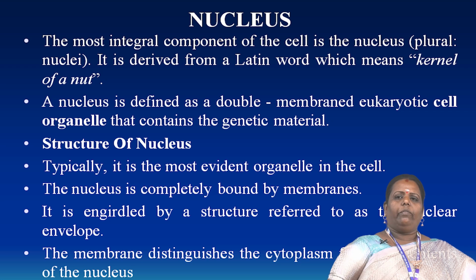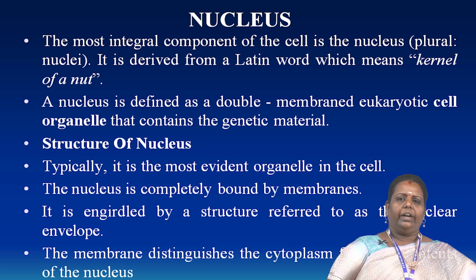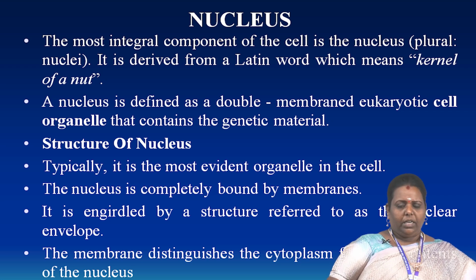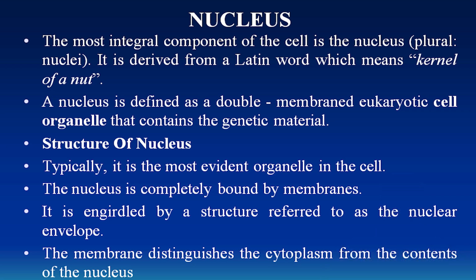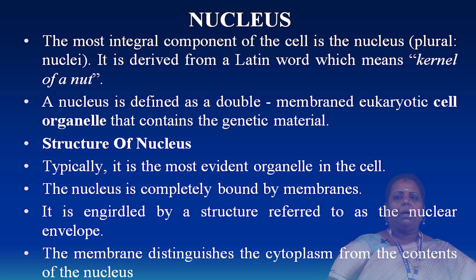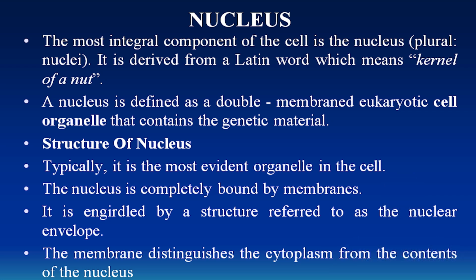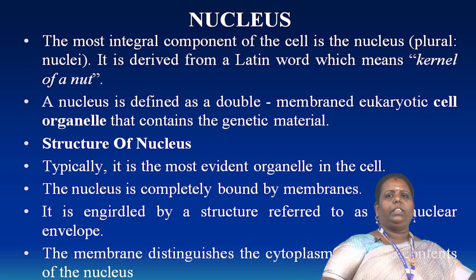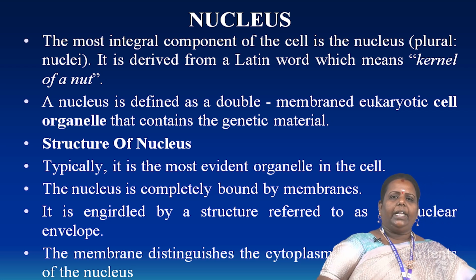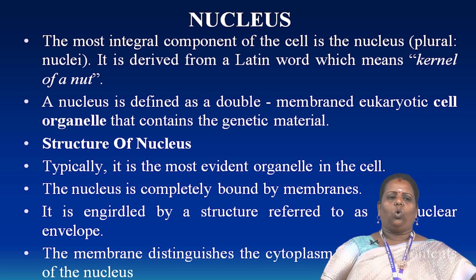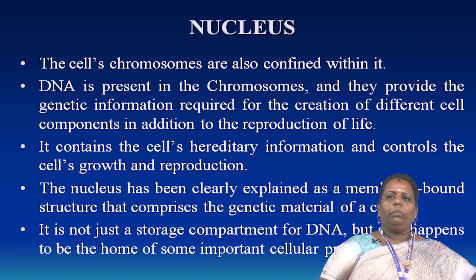What is the structure of the nucleus? It is the most evident organelle of the cell. It is completely bounded by a membrane, enclosed by the structure defined as the nuclear envelope. The membrane separates the nucleus from the cytoplasm, and it contains the nucleolus. The nucleus also has the genetic thread-like structures called chromosomes, which contain the DNA.